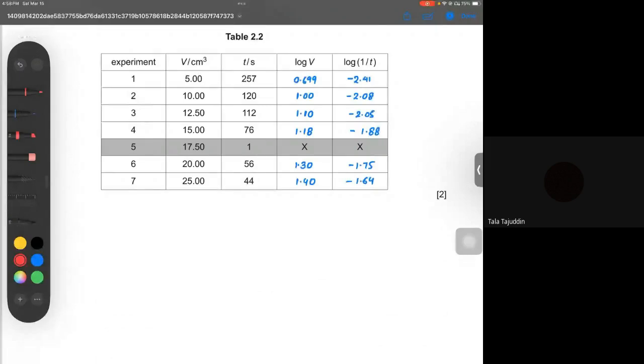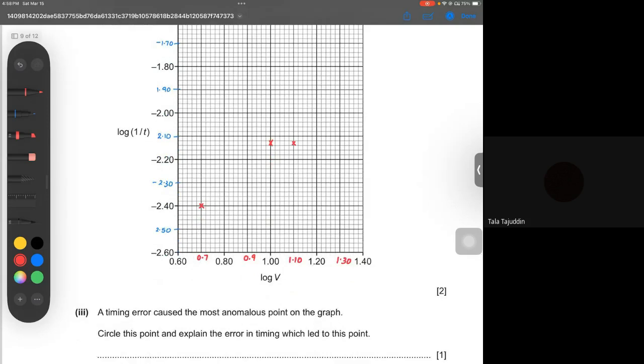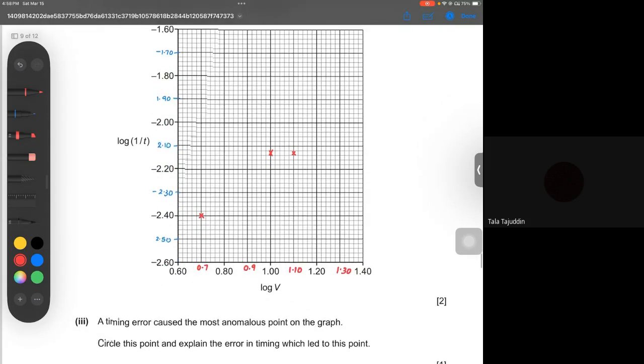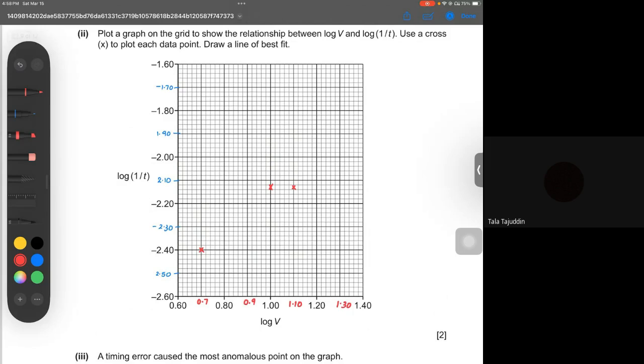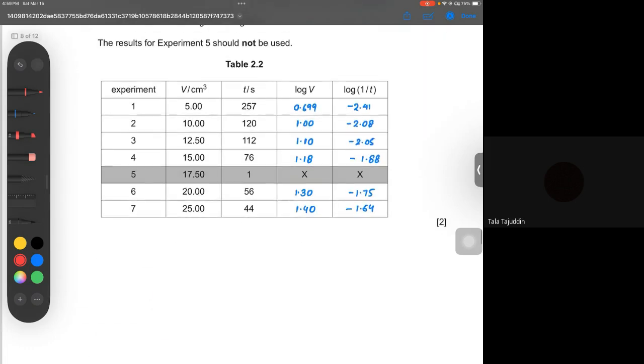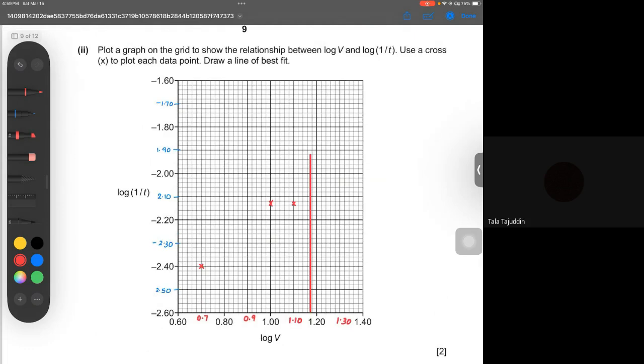Then we have 1.18 and negative 0.88. So 1.18 is this, just over there. And negative 0.88 is around here.